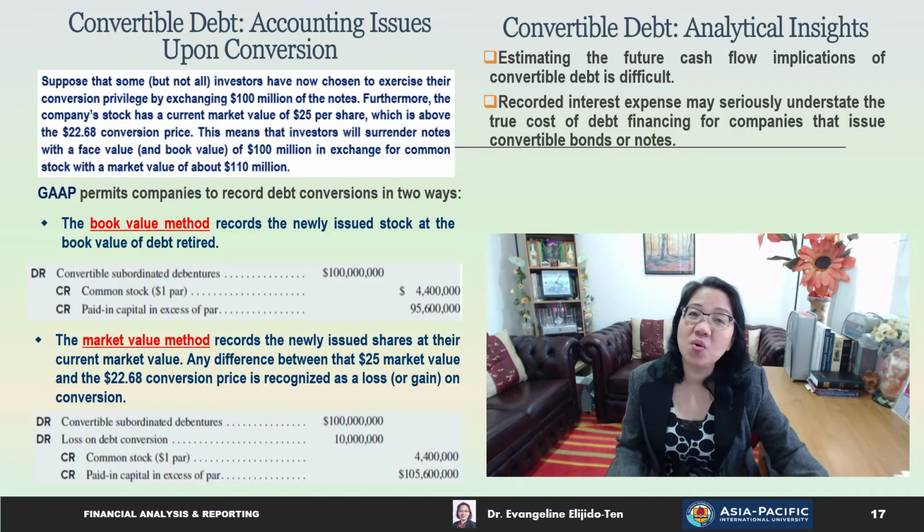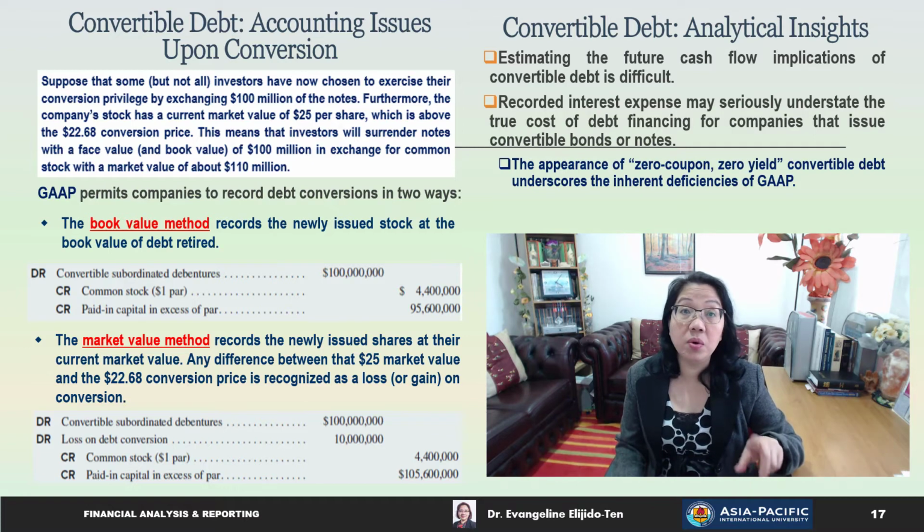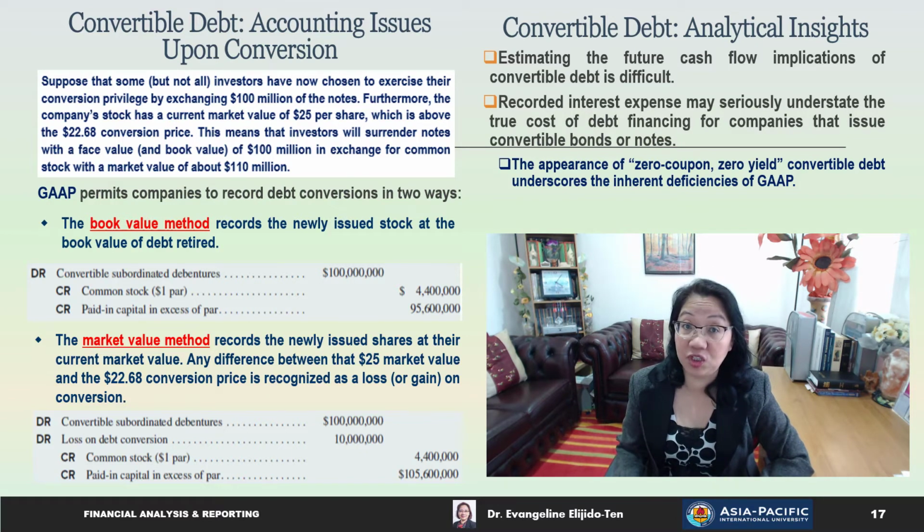So by ignoring the value of conversion features, current GAAP understates interest expense. The appearance of zero coupon, zero yield convertible debt also underscores the inherent deficiencies of GAAP requirements.